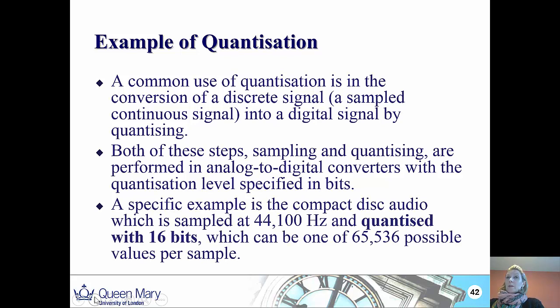So a specific example is the compact disc, which is sampled at 44,100 Hz and quantized using 16 bits. Okay, so using those 16 bits, the actual value which is being represented can be one of 65,500 possible values.